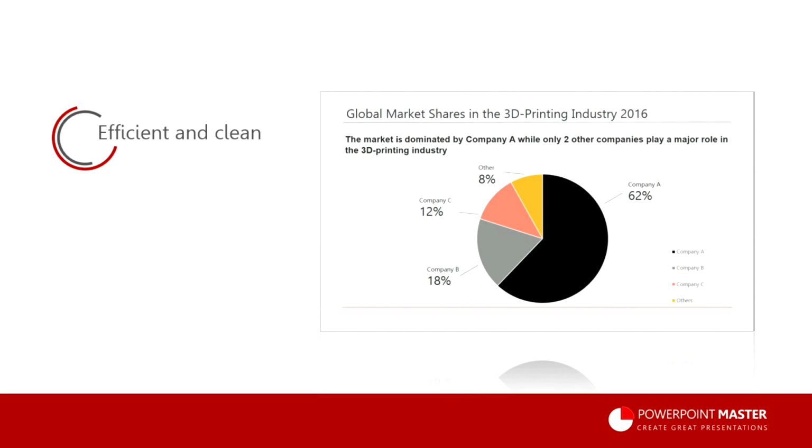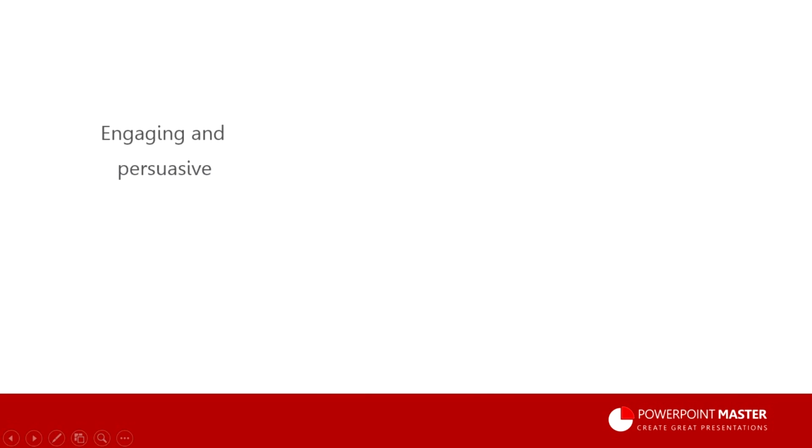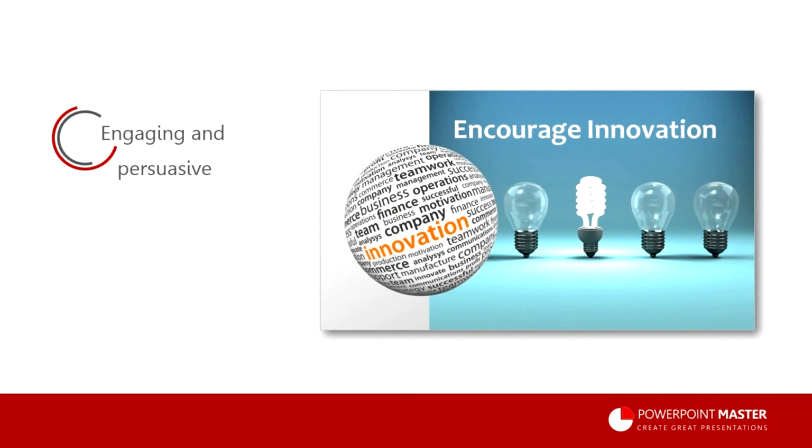So we will look at that, how you can use an action title, which is this here, to give a clear message to your audience, how you can work with charts and communicate the numbers effectively. Engaging and persuasive as well. So this is a slideshow here on the right side, and we will look at that in module 4. It's also more on the creative level and works more with images and creative design elements.